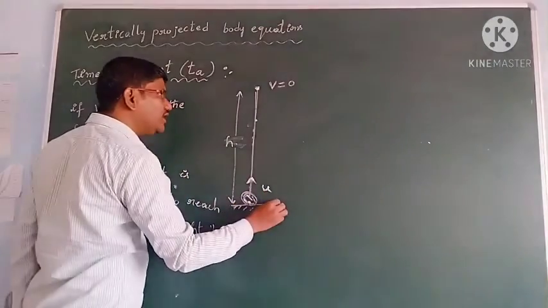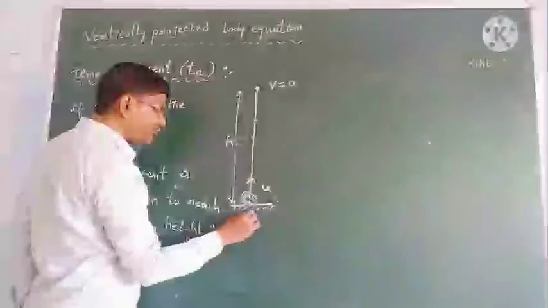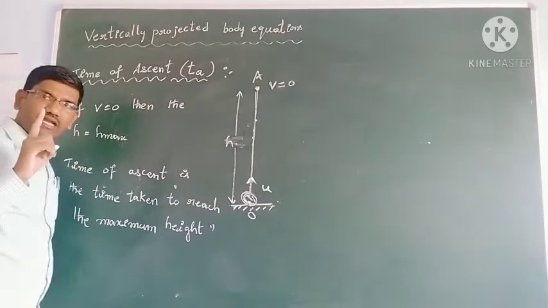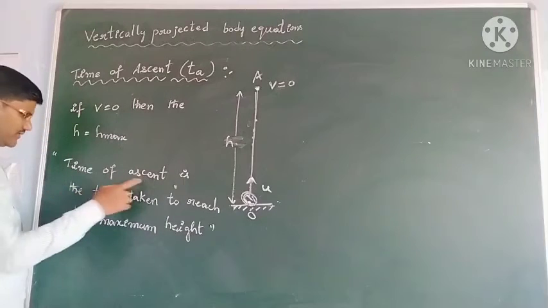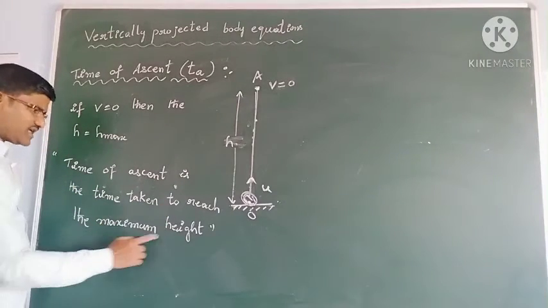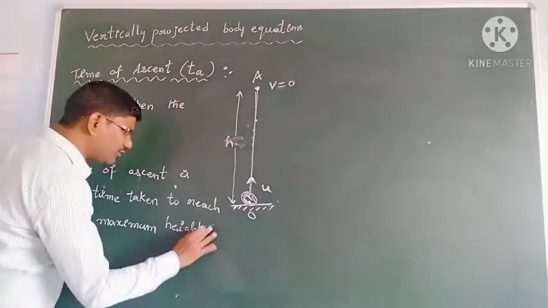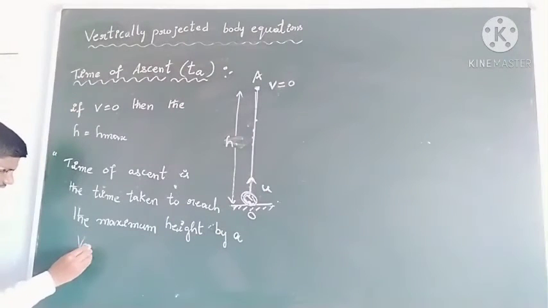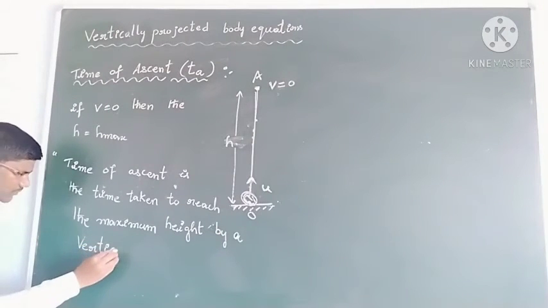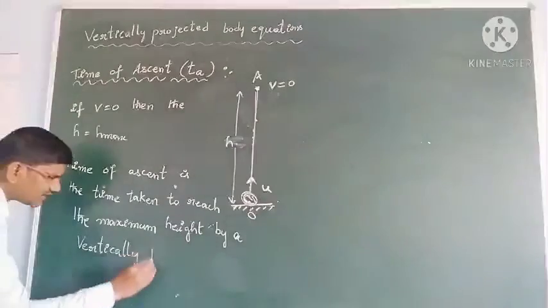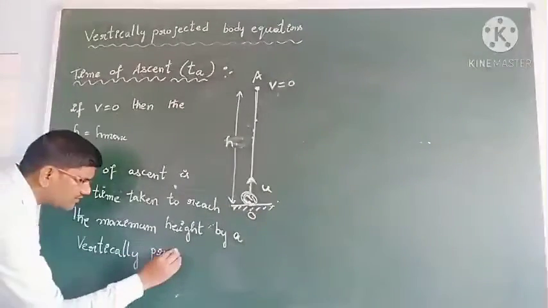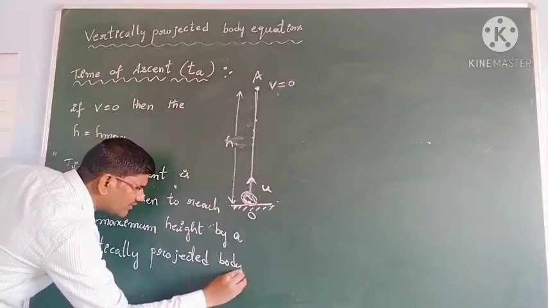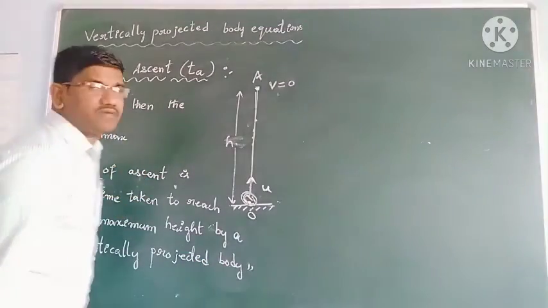Then the time taken to go from here to here, that is from O to A, is called time of ascent. Time of ascent is the time taken to reach the maximum height by a vertically projected body.